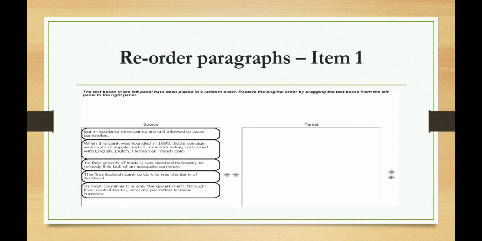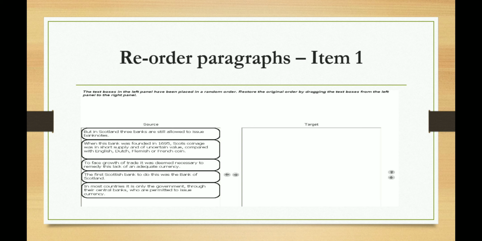So guys, what is the best technique for this? First of all, you should find the first sentence. And how should you find the first sentence? That first sentence should be independent. There would be no reference to another sentence like that, this, he, she. There should be no linking words in that statement, right?